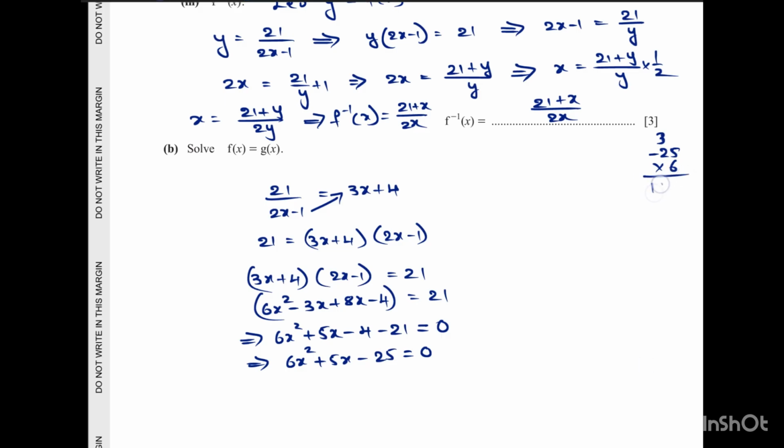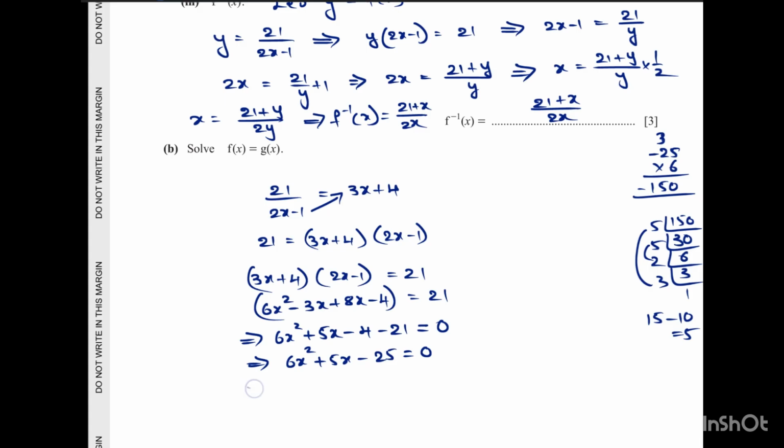So this is minus 150. So if I factorize 150, I get 5 3s are 15, 5 2s are 10. 15 minus 10 is 5.